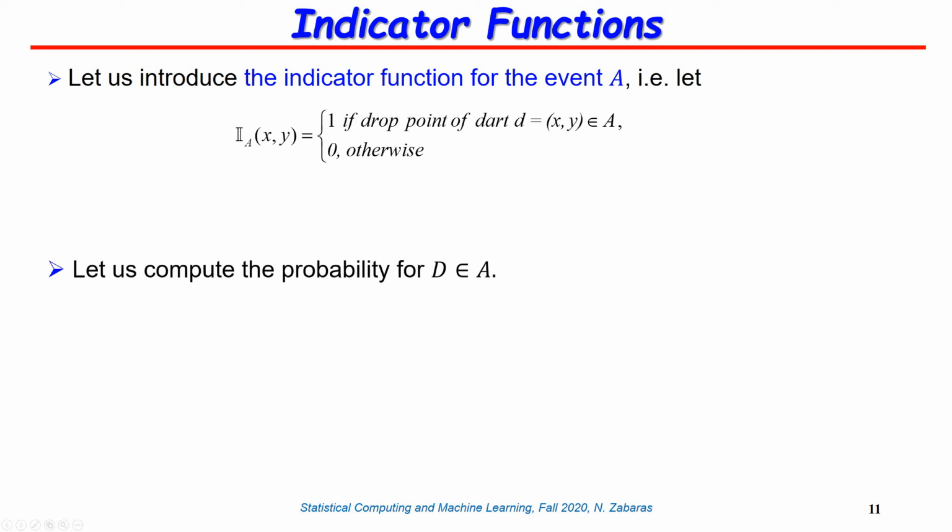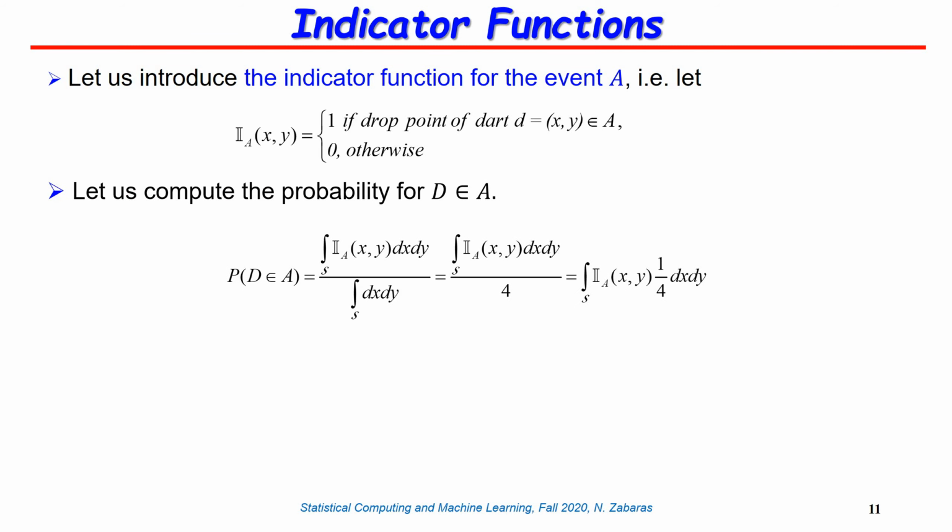Now, if you remember, the probability that I will land in the circle is the area of the circle divided by the area of the square. Notice that I am writing the area of the circle as the integral over the square of the indicator function.